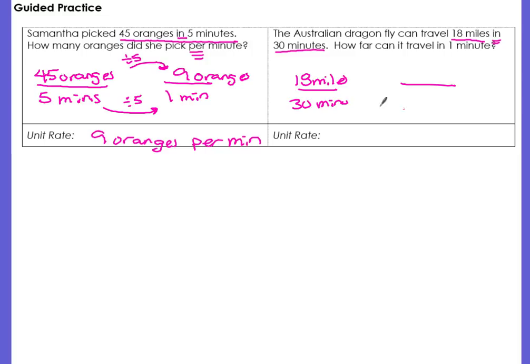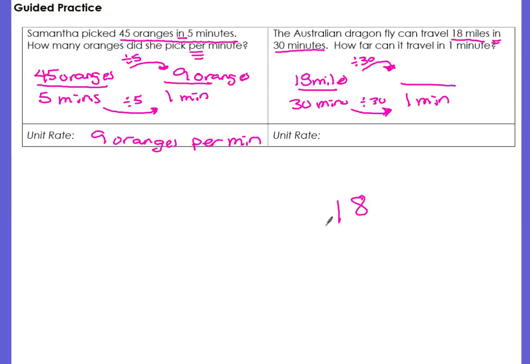We want to go from 30 minutes in the denominator to 1 minute. We're trying to find the unit rate. And to do that, you would divide by 30. Do the same thing to the numerator. Now, 18 divided by 30. We're going to have a decimal number, aren't we? So we're going to have to do some long division.